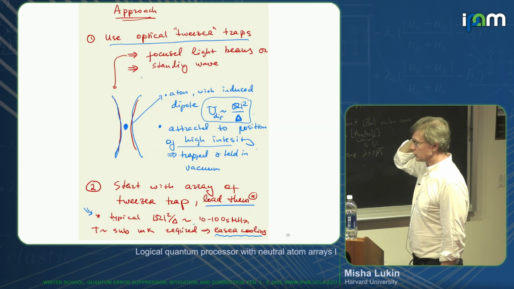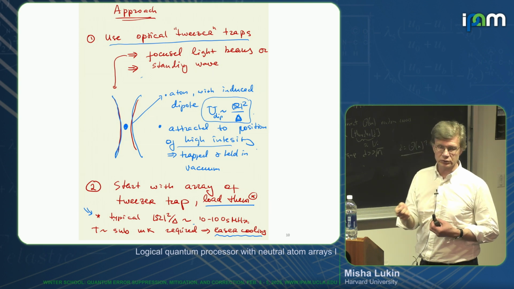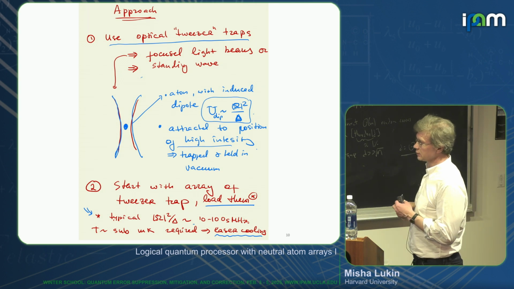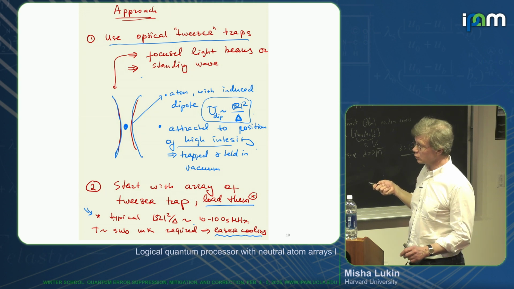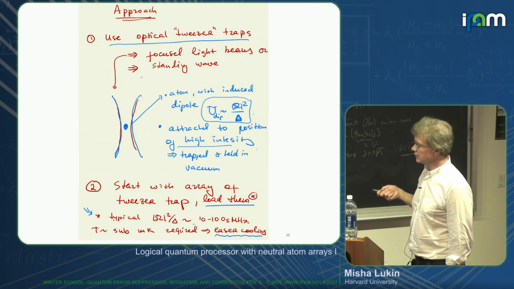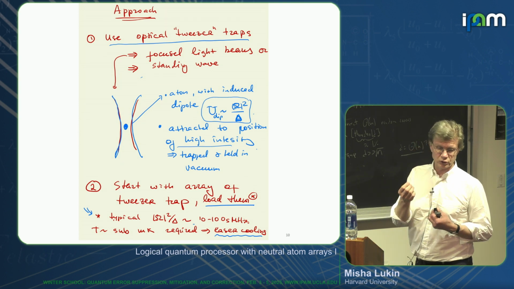Then you need to somehow grab and trap atoms individually, and for that we use a technique called optical tweezers. These optical tweezers are essentially focused beams of light, or alternatively standing waves of light. The idea is that you can think about each atom as a small dielectric object.